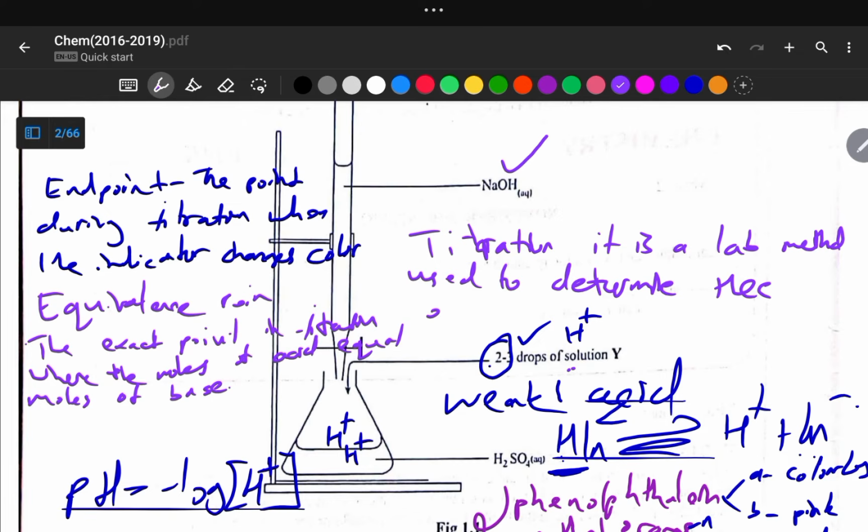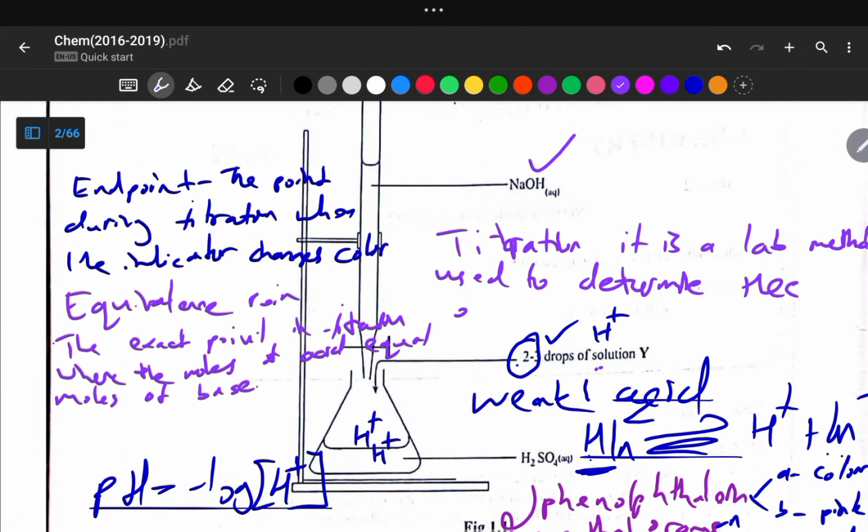So in the lab we see the color change, meaning to say we are going to highlight the endpoint. We don't highlight the equivalence point. Endpoint and equivalence point are one and the same thing, meaning to say they are of the same range, right? So the endpoint is used to determine or to confirm the equivalence point, right? So you should know the difference between the two: the endpoint is determined by the indicator, and then this one is determined by the stoichiometric ratios from the equation, right?